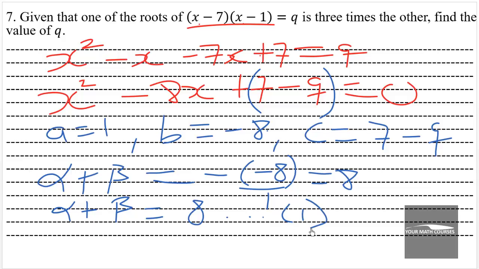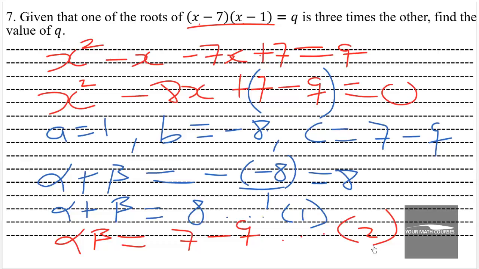Then also alpha beta, the product of roots, will be equal to c over a, 7 minus q over 1. So we have another equation here: alpha beta is equal to 7 minus q.